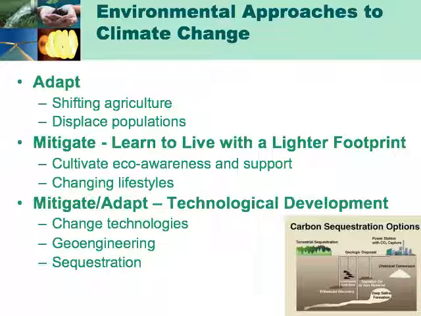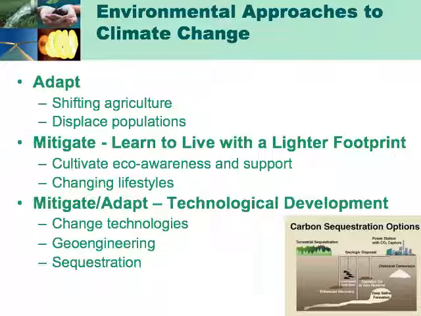By changing technologies, we might be able to mitigate and adapt to climate change at the same time. One example is geoengineering, which is a type of climate engineering. It is a deliberate, large-scale engineering and manipulation of our planetary environment to combat or counteract anthropogenic changes in atmospheric chemistry.